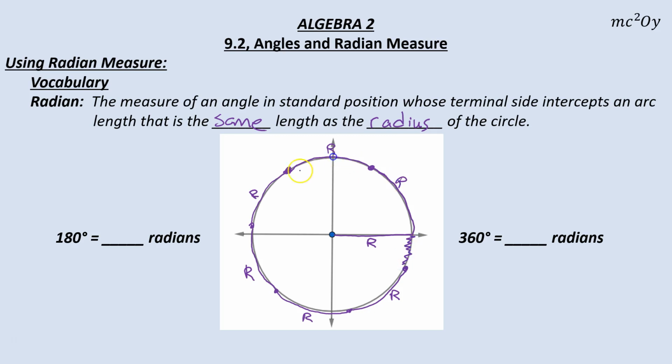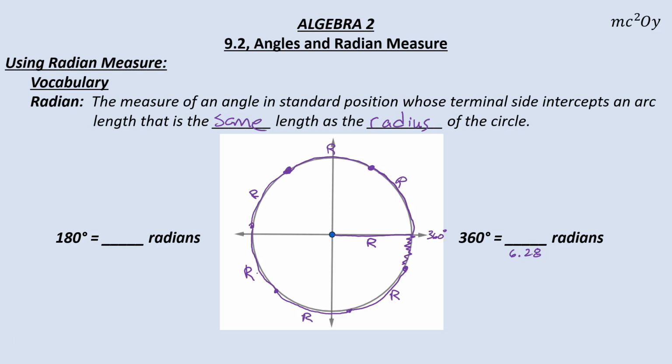So it looks like we have 1, 2, 3, 4, 5, 6, and a little more radians in, well, that's 360 degrees. So I'm going to kind of estimate it. It's going to be about 6 1/4, 6.25, and I'm actually going to put the rounded amount there. 6.28 is what it is. I'll explain how we get that here in a minute.